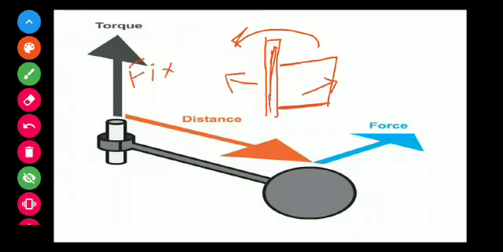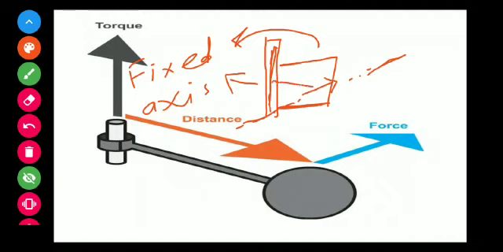This is your fixed axis, so there is a rotation about a fixed axis. So what is your torque? Torque is the product of force and perpendicular distance, the perpendicular distance of the axis of rotation from the line of action of force. This is your perpendicular distance.